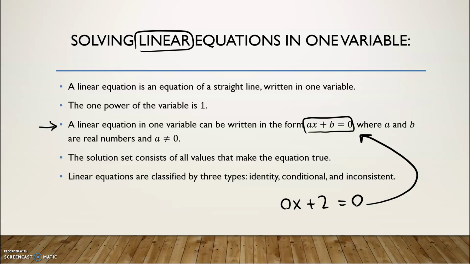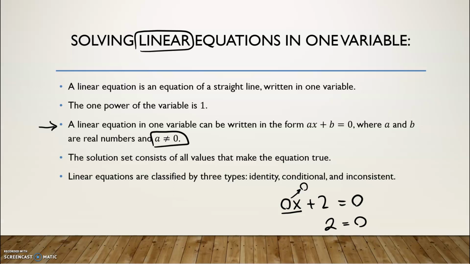Then this entire term goes away because anything times 0 is 0, and you're left with two constants. And this actually comes out to a false statement. So if you get rid of that number a, or if you get rid of your variable x, then it's no longer a linear equation. So that's why a cannot be equal to 0.